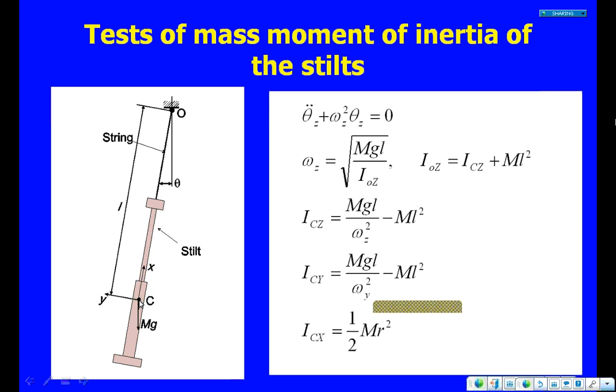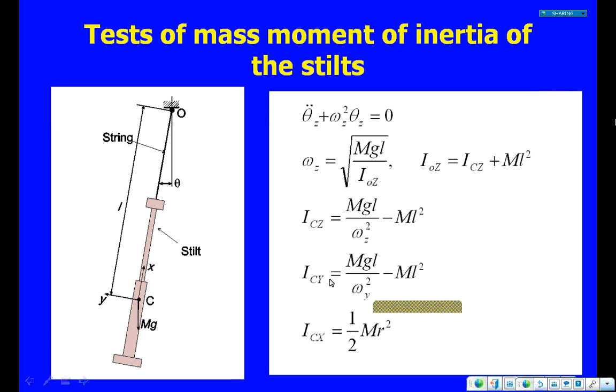This is ICC. We need to know the ICZ, the mass moment around the COM. So this is one direction, the pendulum around the Z axis. Then you turn 90 degrees and swing around the y-axis, do the same job, then you can calculate the mass moment of inertia around the y-axis.